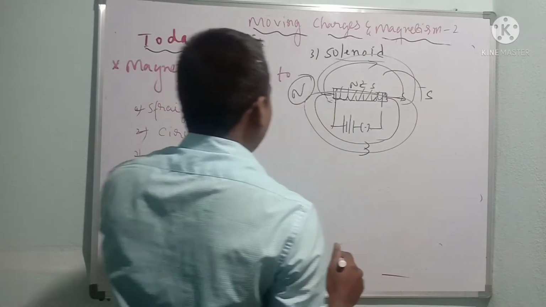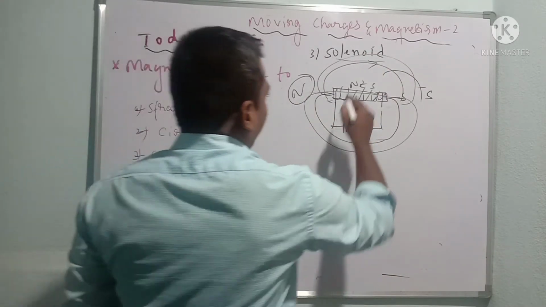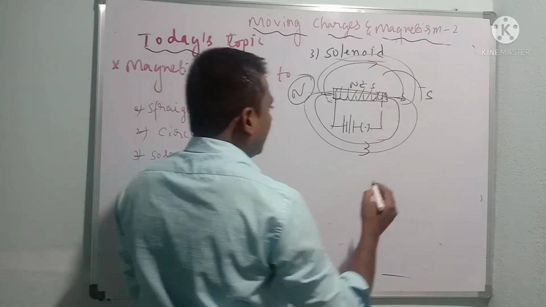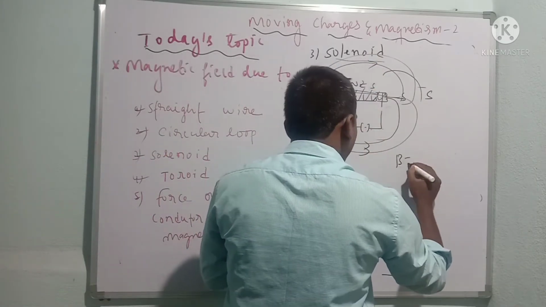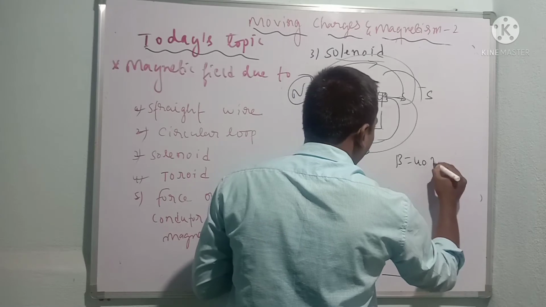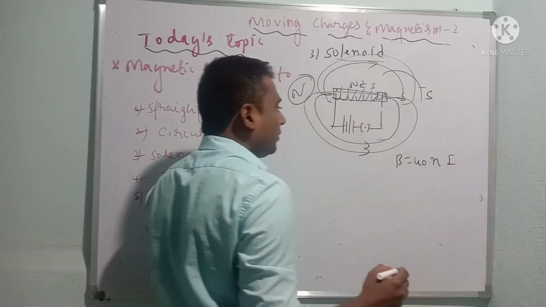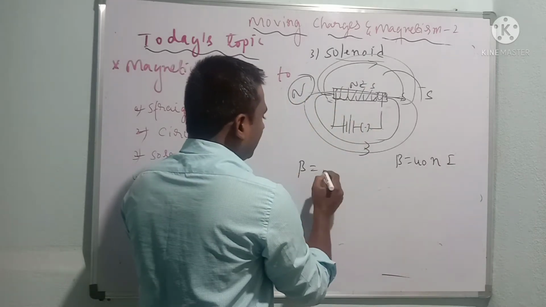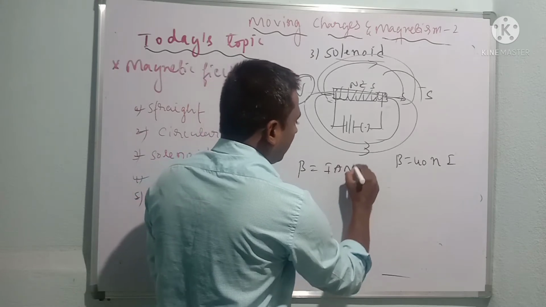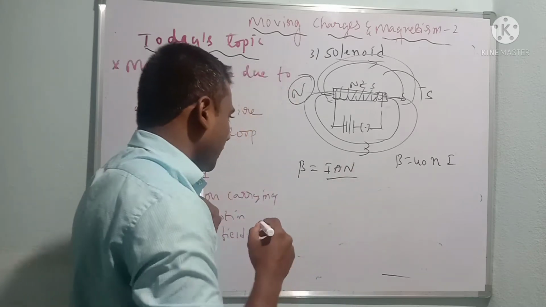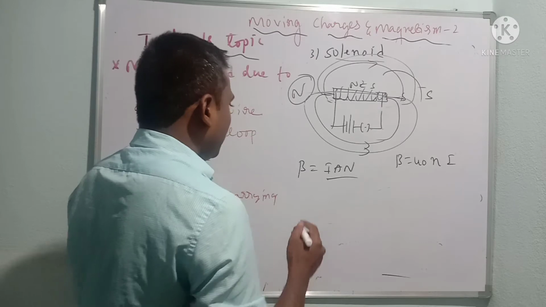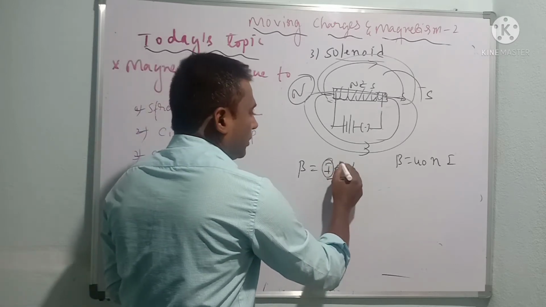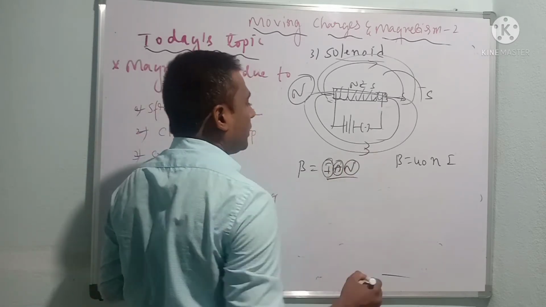So directly, children, the expression for a solenoid is given by B is equal to mu naught times n I. It means what, children? This depends upon n, I, and area. What is that? Current, area of coil, number of turns.